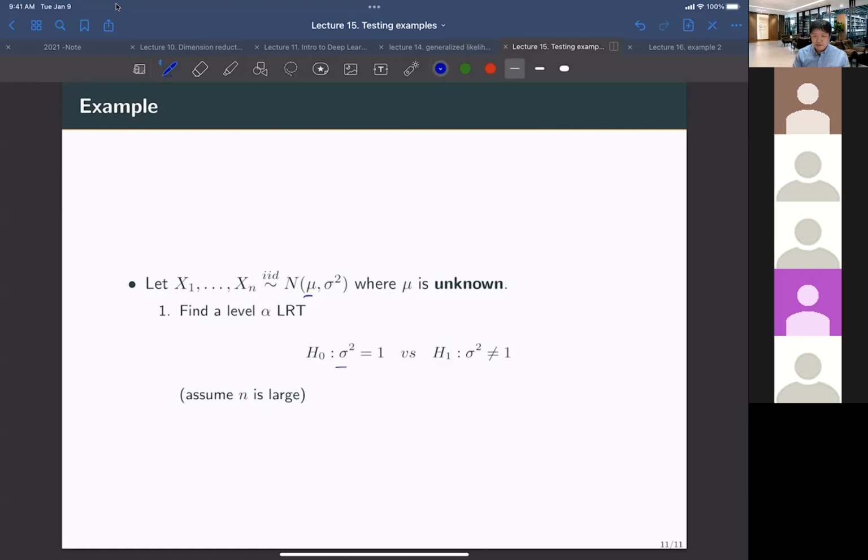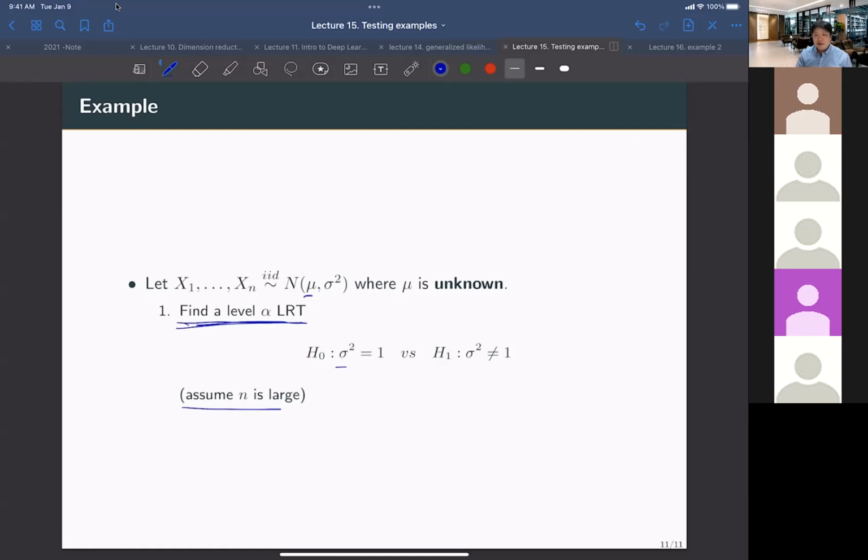It's two-sided. So for this kind of question, there is no most powerful UMP test. So for this kind of question, we use the likelihood ratio test. And the question is exactly pointing that: find the LRT, assuming that n is large.